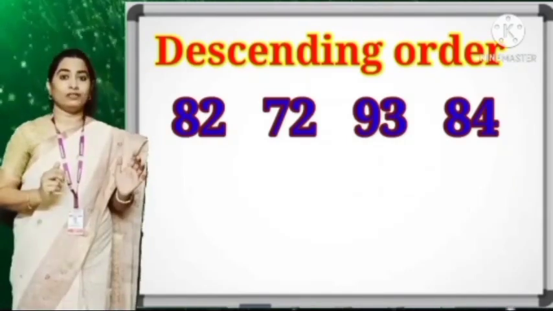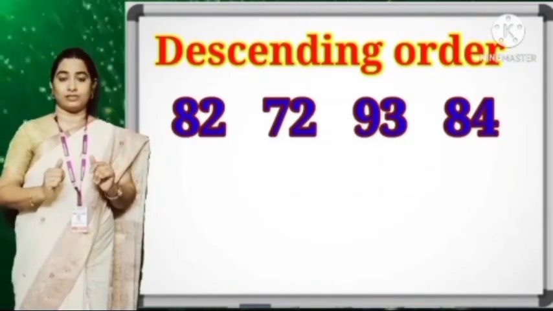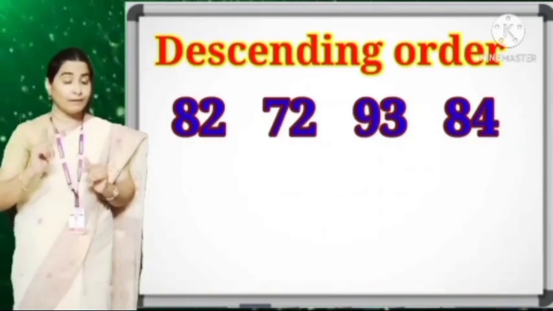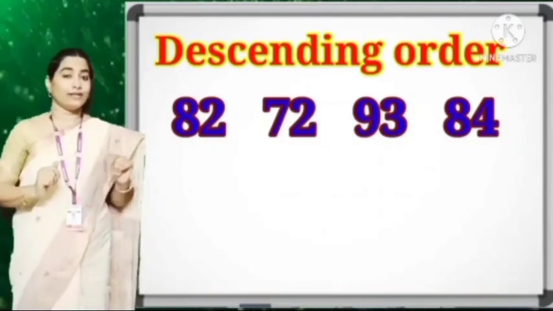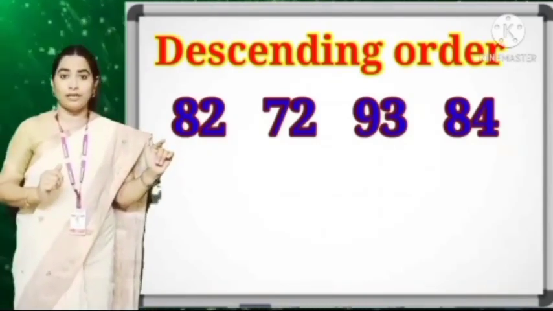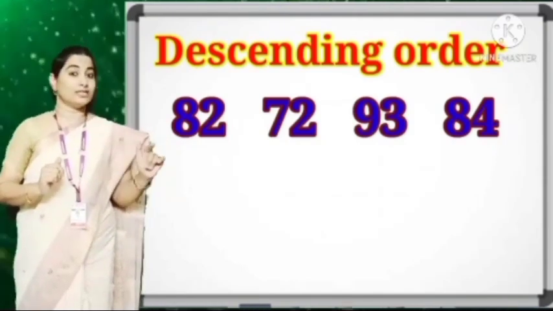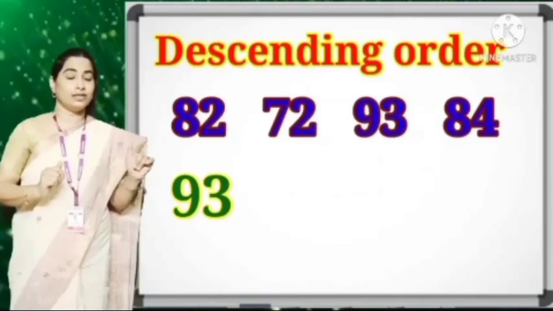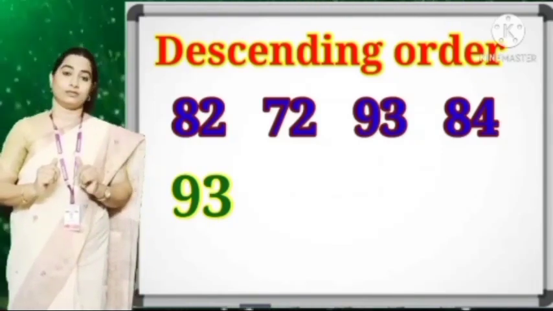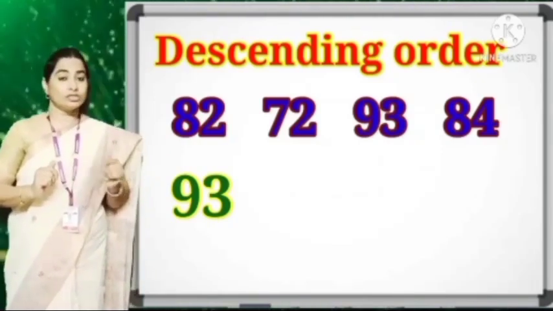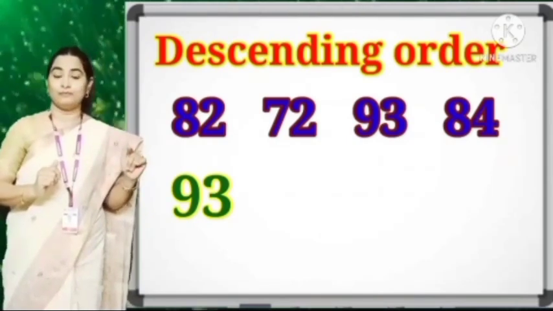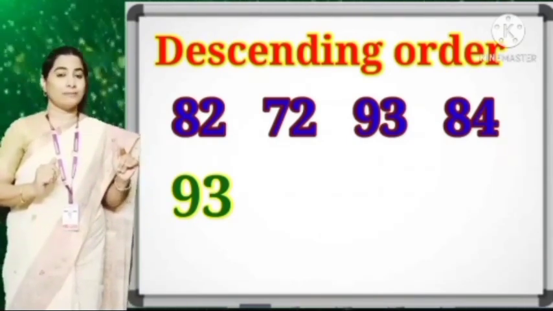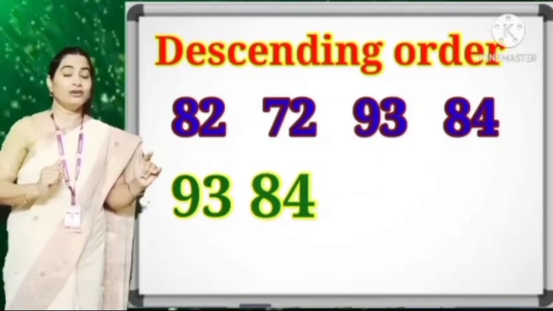So we have to pick out the biggest number first. Find out children which is the biggest number here. Yes, the biggest number is 93. So take 93 and write first. And now which is the biggest among these three? The biggest number is 84.